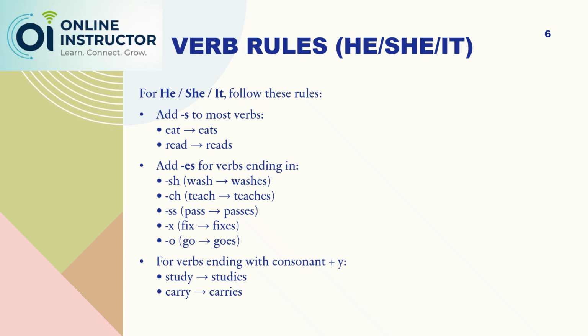Some words need es instead of just s. Why? Because of pronunciation. When a verb ends with sh, ch, double s, x, or o, it is difficult to say the s sound directly. So English adds es to make the sound smoother.